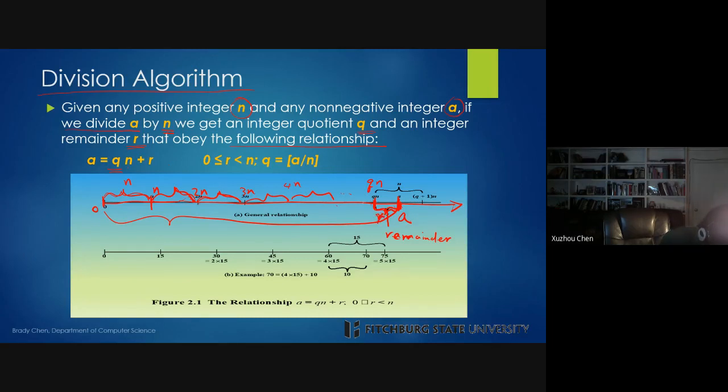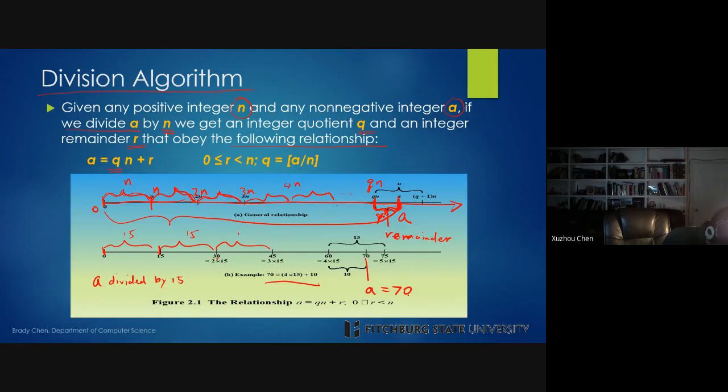Okay. So one example is, if a is 70 and we try to divide a by 15. So we cut the 70 into lengths of 15.